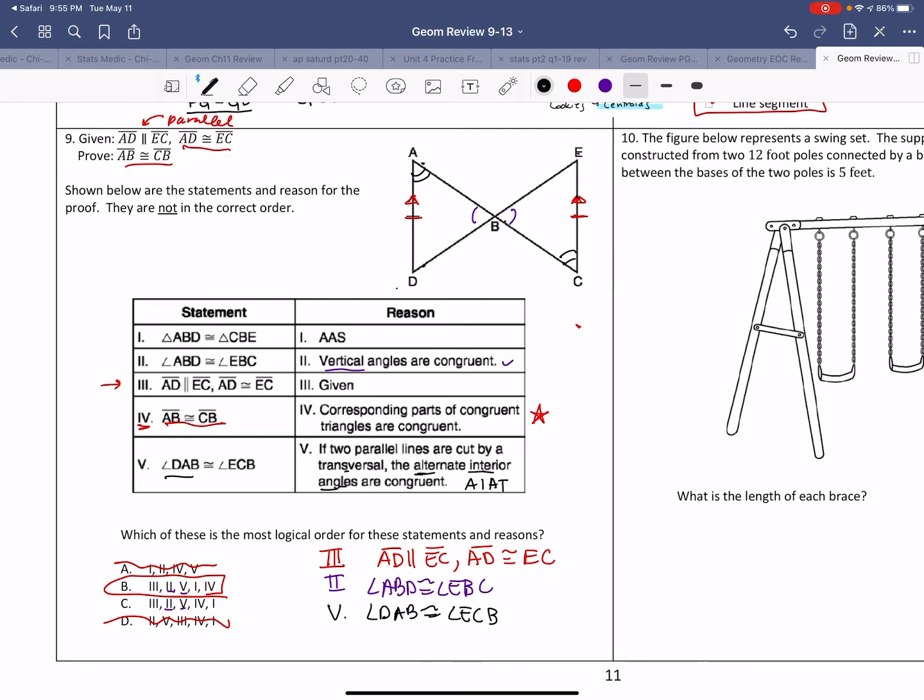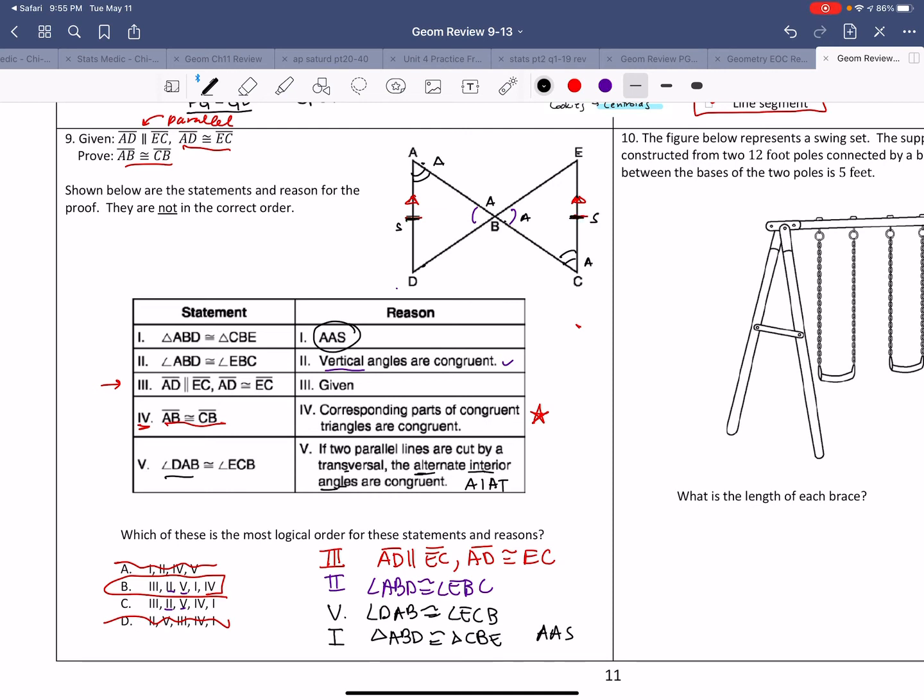So at last, you've collected quite a few pieces of evidence, and you have to figure out what that evidence spells. Obviously, it has to spell angle, angle, side. ABD is congruent to CBE because our evidence spells angle, angle, and a side. That side.